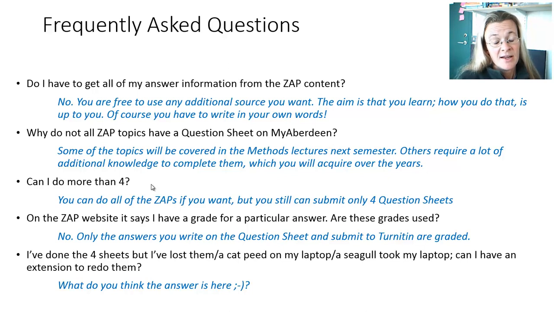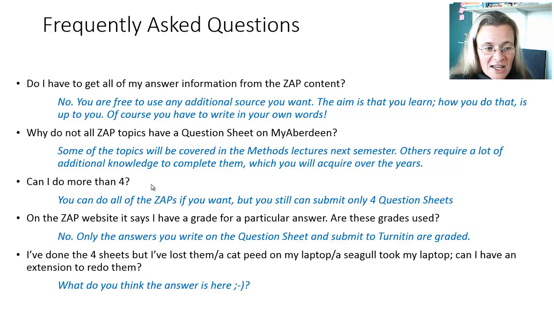And then the last one, this makes me smile because one of those things actually happened to a student. I've done the 4 sheets, but I've lost them, or my cat peed on my laptop, or a seagull took my laptop. We are in Aberdeen. Rarer things, stranger things have happened.